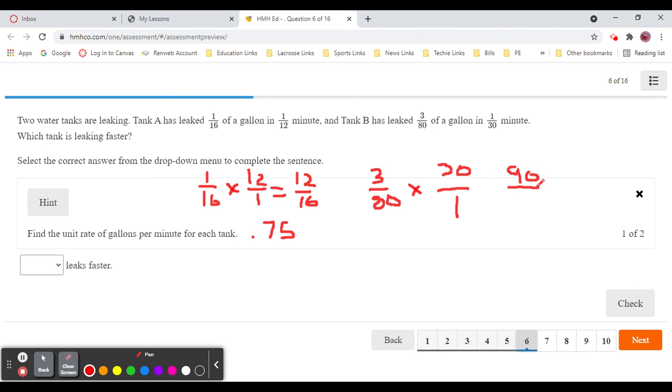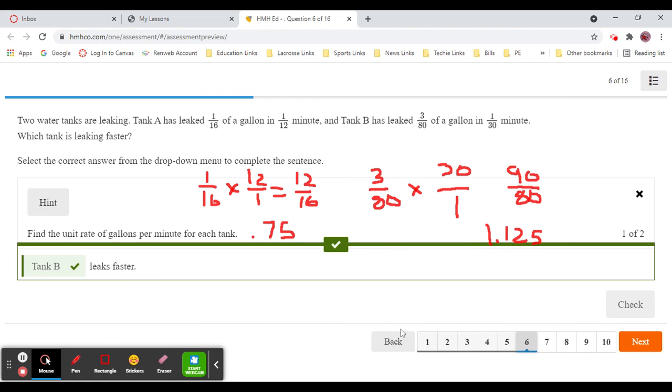So probably at this point, you see this one's going to be greater. Okay, 90 divided by 80. It's going to give you 1.125. Which number is bigger? 0.75 or 1.125? I'm pretty sure you can figure out that 1.125 is bigger. Tank B is leaking faster.